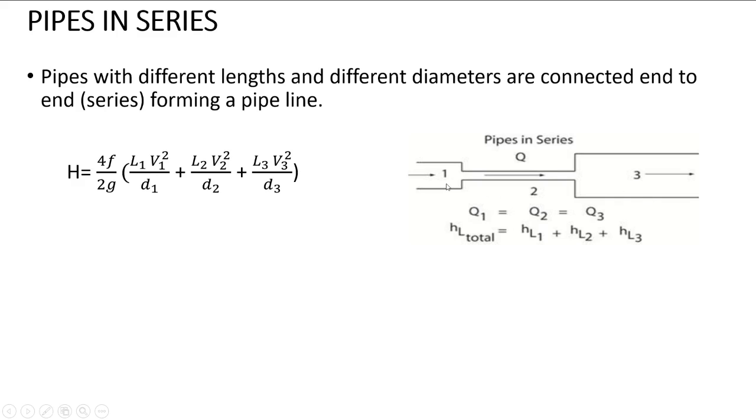V1 is the velocity passing through pipe 1, V2 is the velocity passing through pipe 2 and V3 is the velocity passing through pipe 3, and D1, D2, D3 are the diameters of the respective pipes.